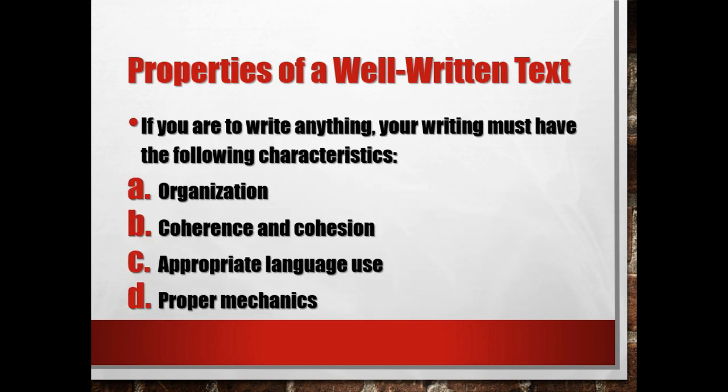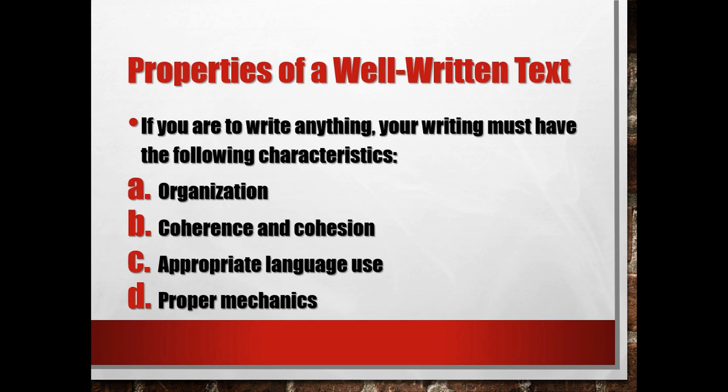But if you are to write anything, your writing must have these following characteristics: A. Organization. B. Coherence and cohesion. C. Appropriate language use. And D. Proper mechanics. These are the important properties of a well-written text.